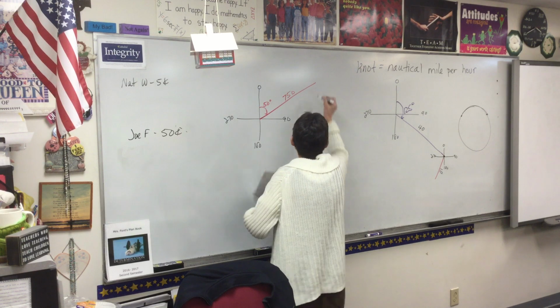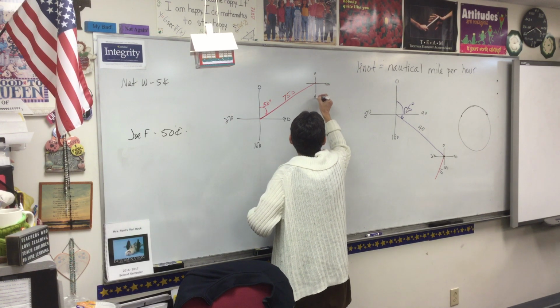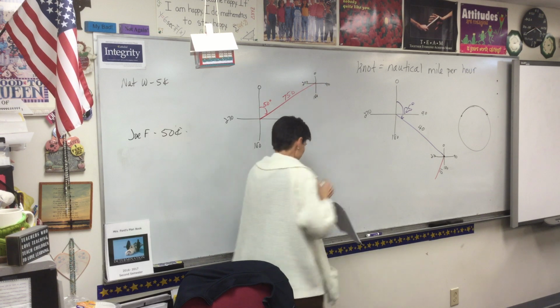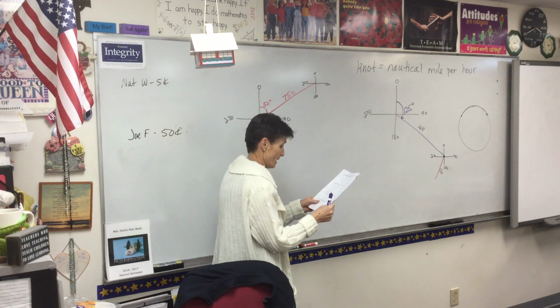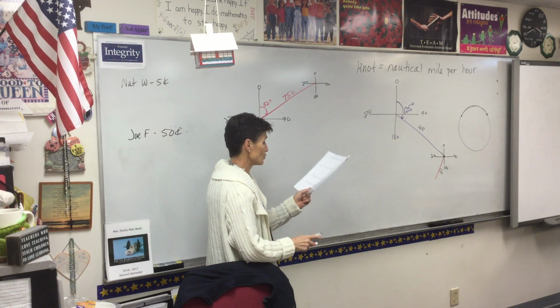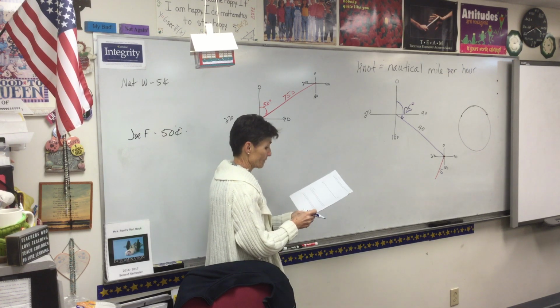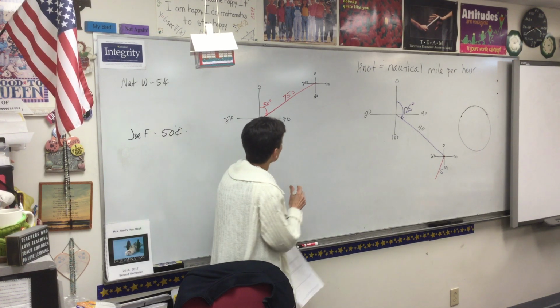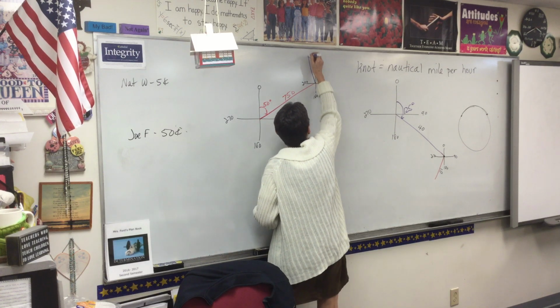Come on, math genius. So now we're going to change course. Alright, so what's going to happen now? He flies at a speed of 300 knots for 2 more hours on a course of 350. Where's 350 going to be? It's going to be right here, isn't it?